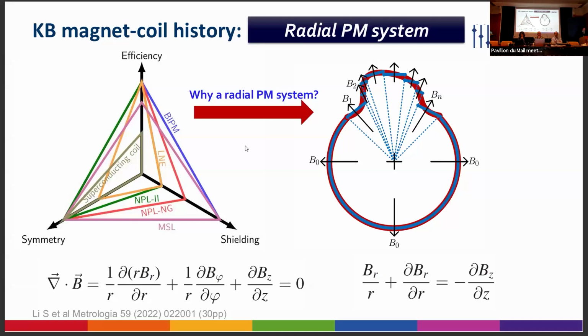Anyway. Why do we need a radial magnetic system? There are a lot of advantages. I think it's thanks to T.P. Olsen of NIST-3, who pointed out that if the field is one-dimensional, meaning you have only the R dependence, 1 over R, and in the vertical direction it's uniform, then your coil can be any shape.